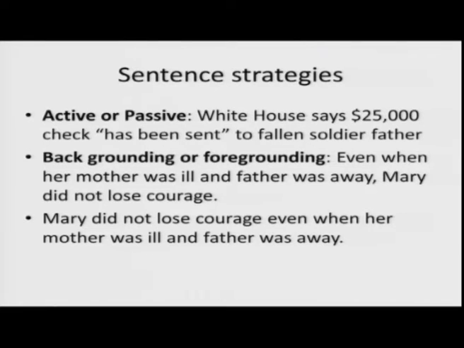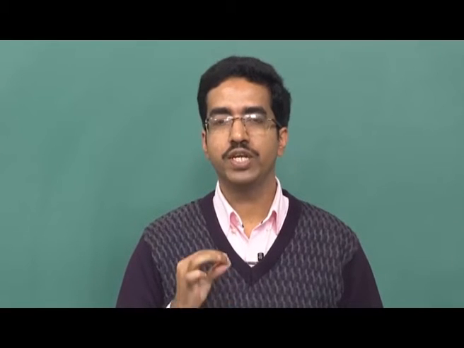So, there are many such sentence strategies. So, these tell us about author's attitude towards something, the kind of importance the author gives to the topic and so on. Now, we will look at movie reviews, two movie reviews about the same movie, and then we will try to understand how author's attitude is different and how it is reflected in the use of language.